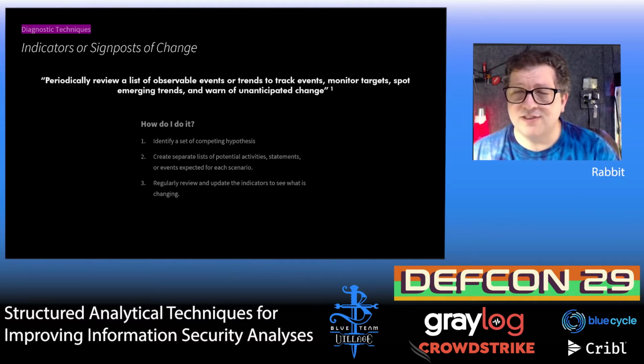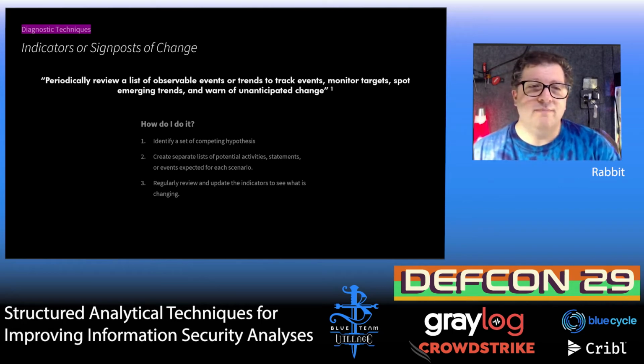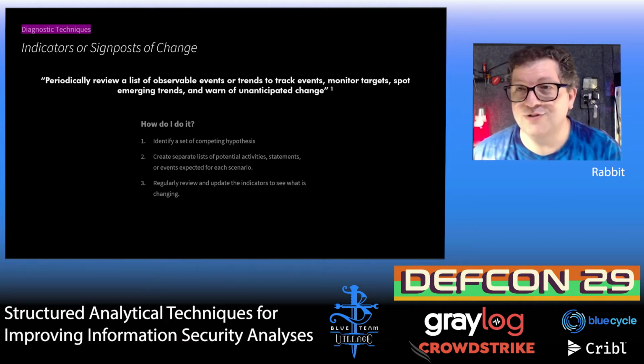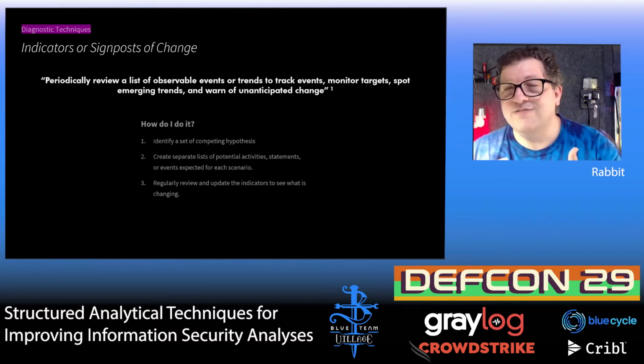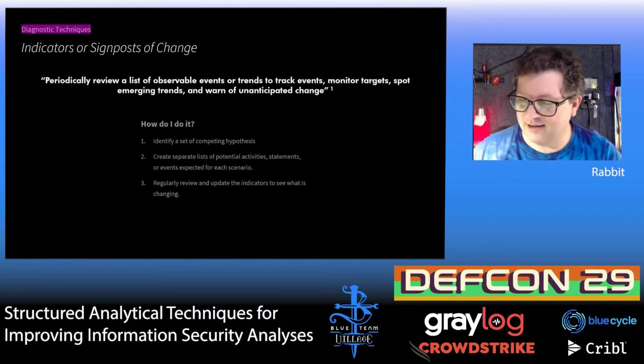If you start going down one of these paths, you may list out what you would expect to start seeing happen. And then you regularly review and update your indicators to make sure you're watching for these things. And so if you start seeing these indicators in your environment, you've got some idea of what path an event might be taking.